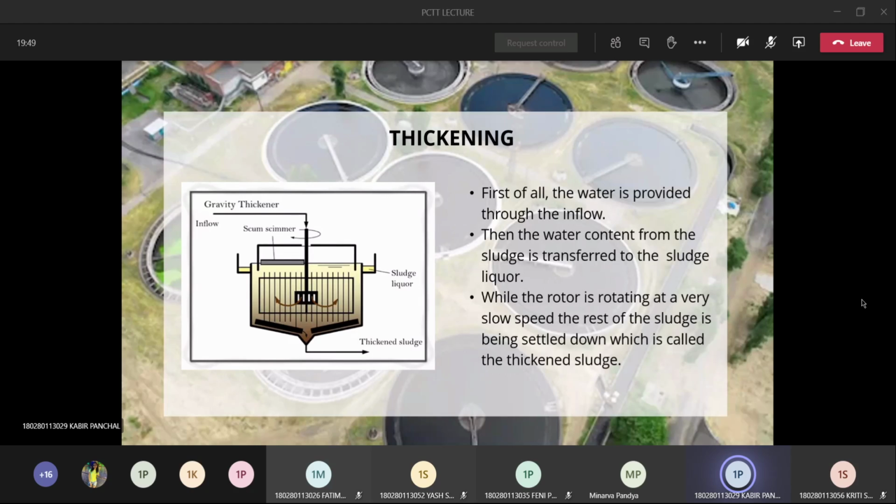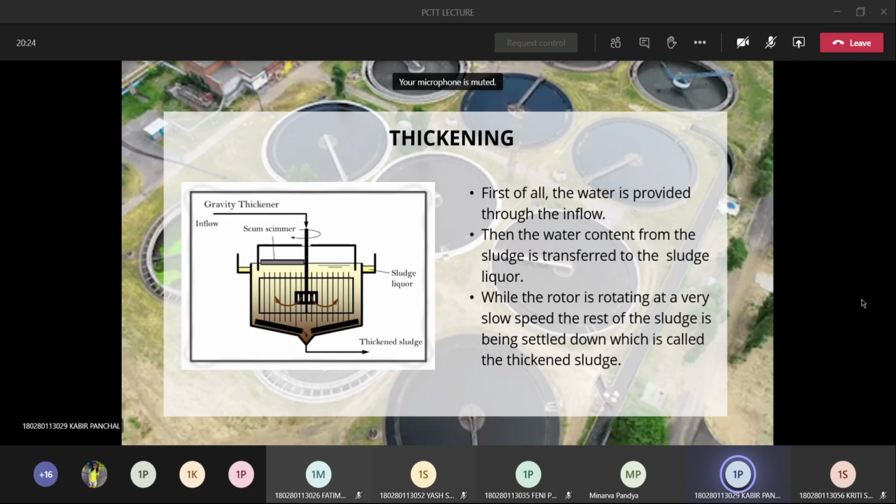Thickening. The figure shows the gravity thickener in which the rotor is rotating at a very slow speed, and the sludge is passed through the scum skimmer, and from the inflow pure water is passed, and some of the moisture which is present in the sludge is collected in sludge liquor, and the thickened sludge is collected beneath the rotor.